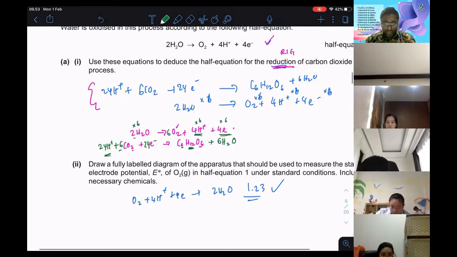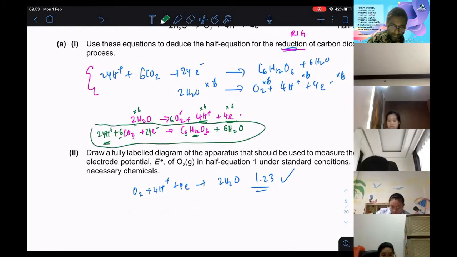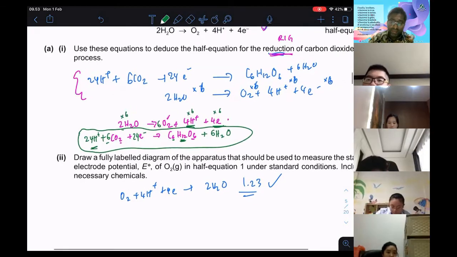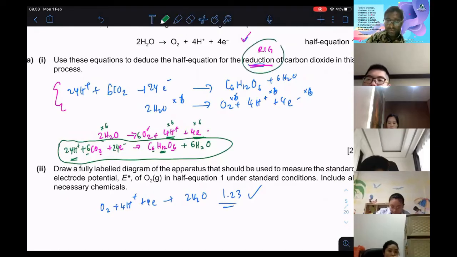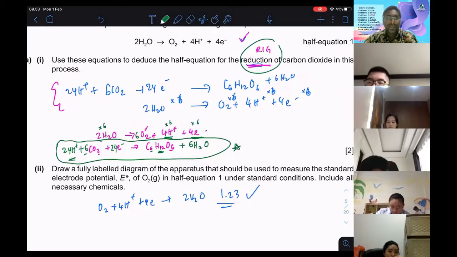So this is going to be my half equation. This is how I came about with the formation of the half equation. So every single detail that they have mentioned over here is going to help you in coming up with this. If they need you to refer to the data booklet, they would tell you to refer to the data booklet.